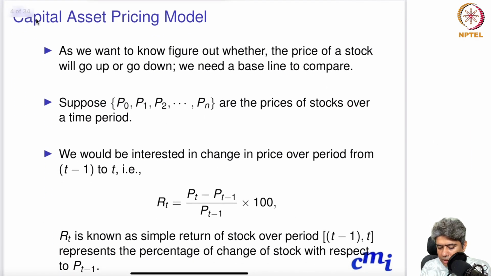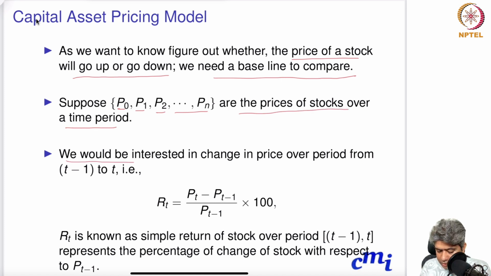As we want to figure out whether the price of a stock will go up or go down, we need a baseline to compare. Suppose P0, P1, P2, ..., Pn are the prices of a stock over a time period. We would be interested to figure out the change in price over the period from t-1 to t.